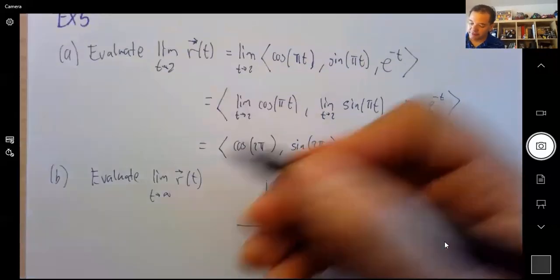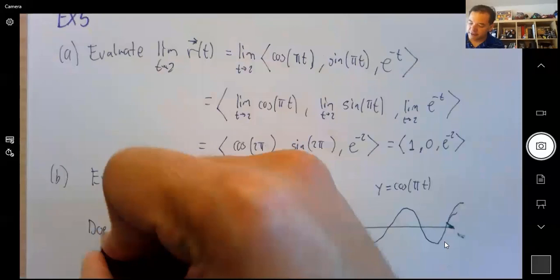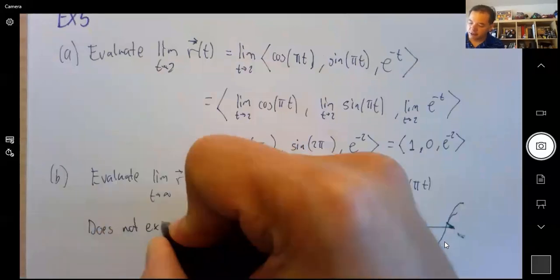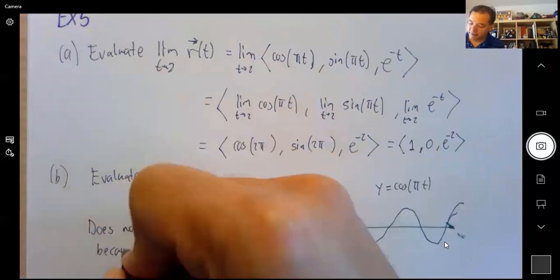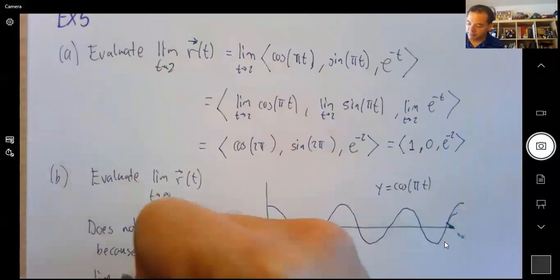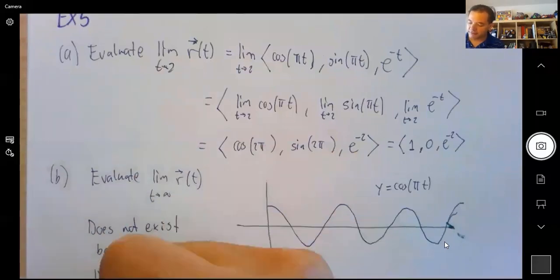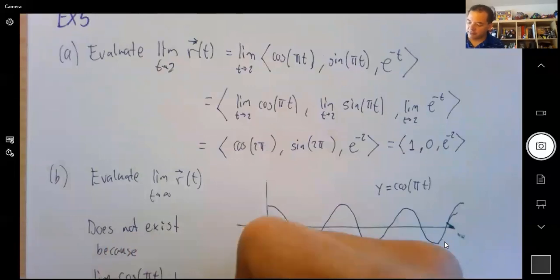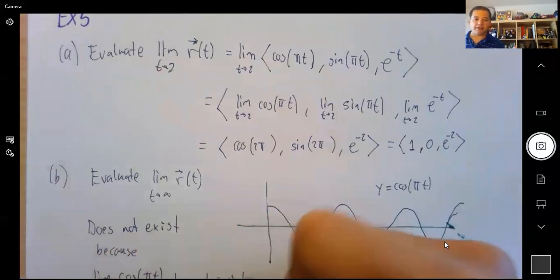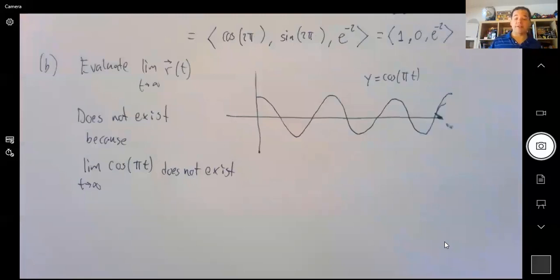Does not exist, because the limit of cosine pi t when t goes to infinity does not exist. As long as one of them doesn't exist, then the answer to the big one will not exist as well. Okay? So the limit when it goes to infinity does not exist.